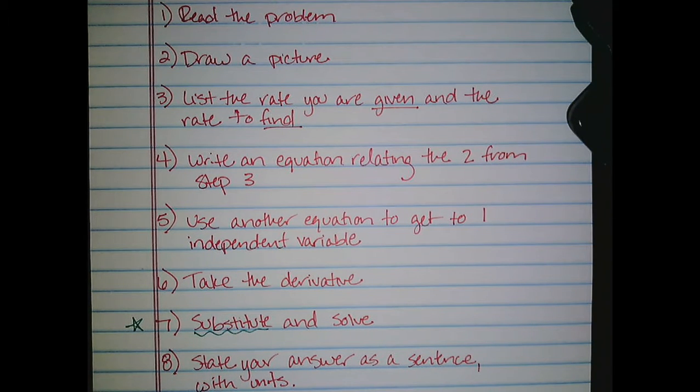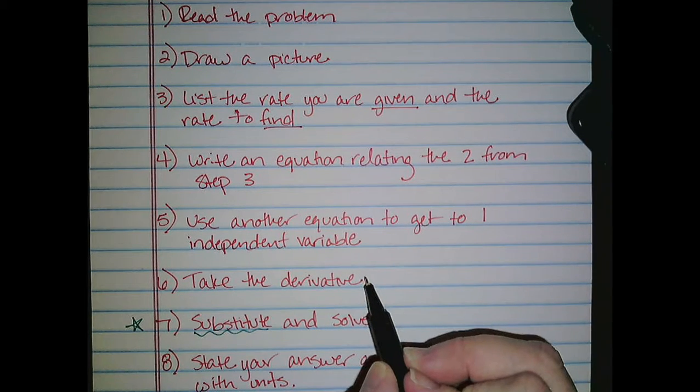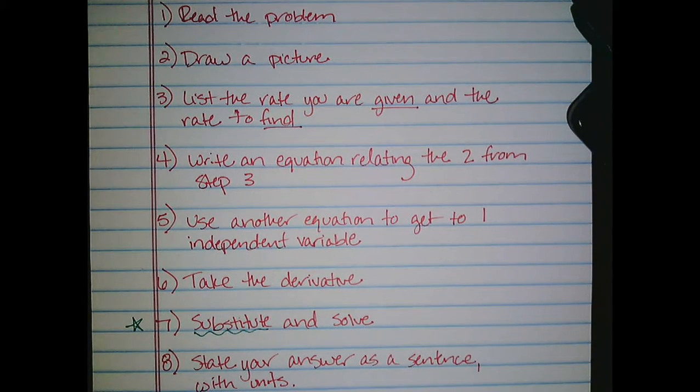If you substitute information too soon, before you've taken that derivative, you're going to get the wrong answer if it's something that could change. For example, if something is changing in the problem and you substitute in a numeric value for that thing before you've taken the derivative to account for that change, you've taken a variable that's changing and substituted in a constant.